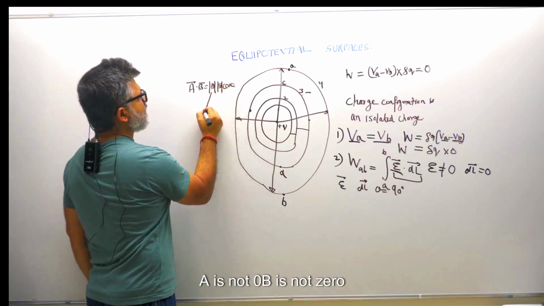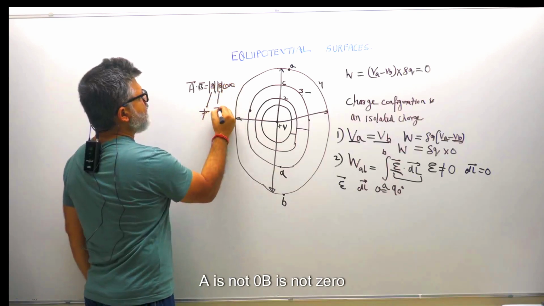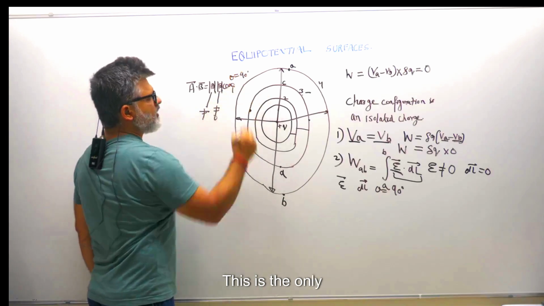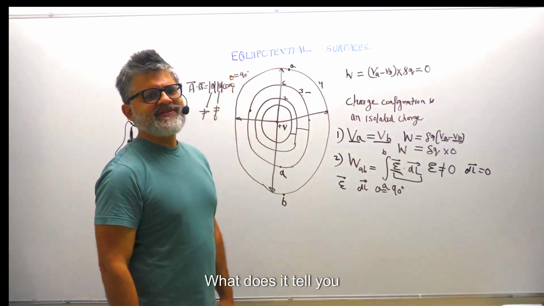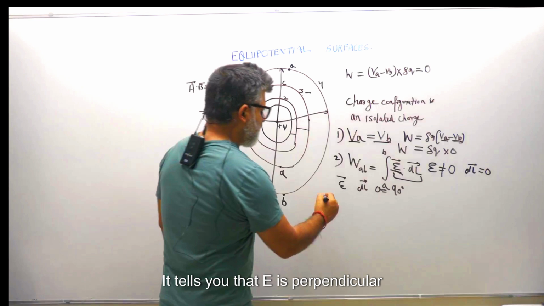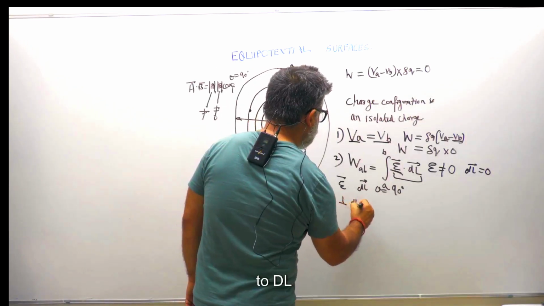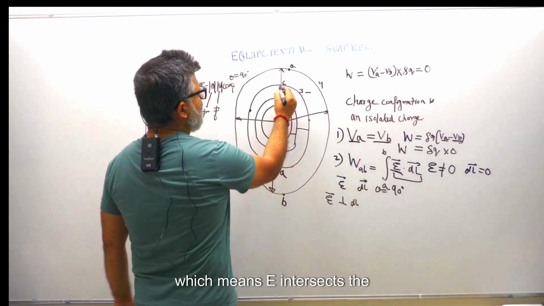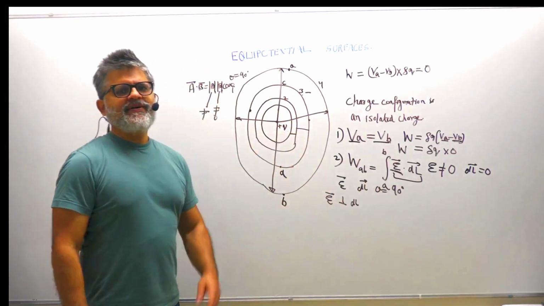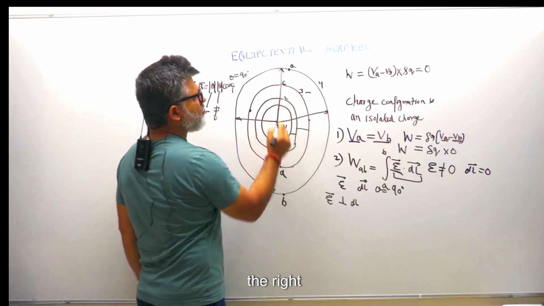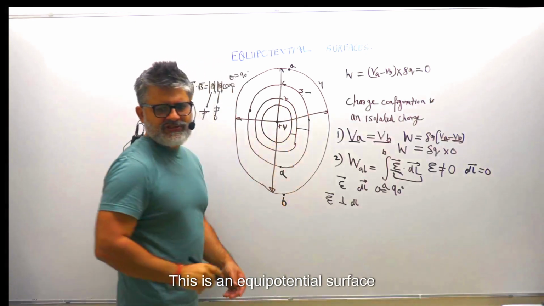A is not 0, B is not 0, theta is equal to 90. What does this show you? It tells you that E is perpendicular to dL, which means E intersects the small parts of wherever it touches, this is an equipotential surface.